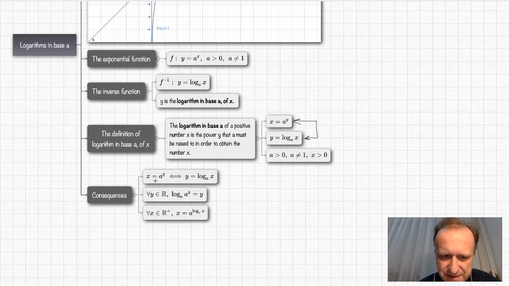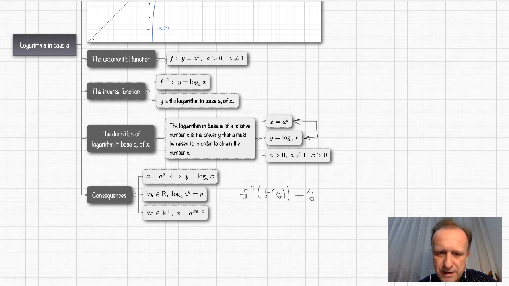There is this obvious fact that the logarithm in base a of a raised to the power of y is just y, which amounts to the fact that f inverse of f of x, or actually y in our case, should be y.